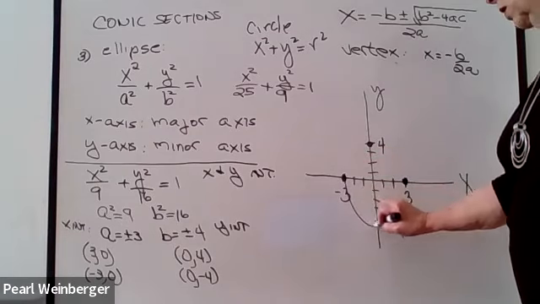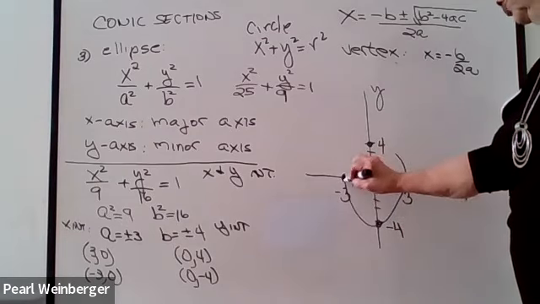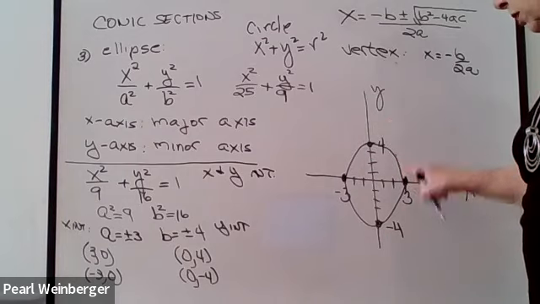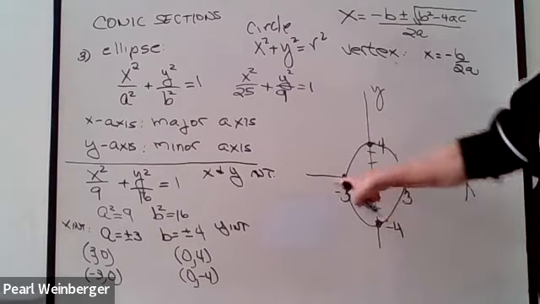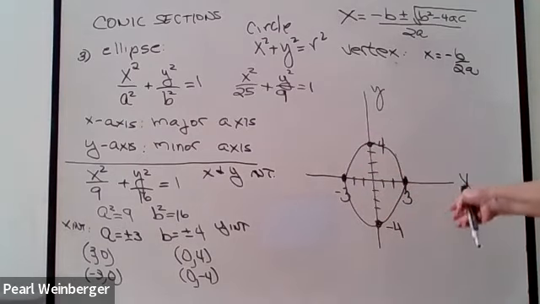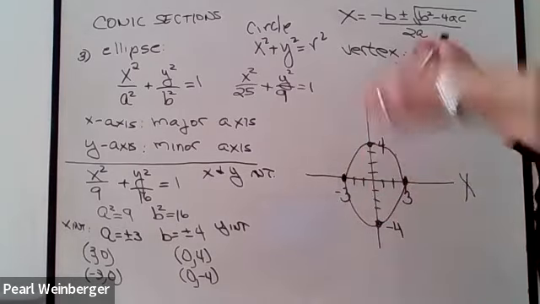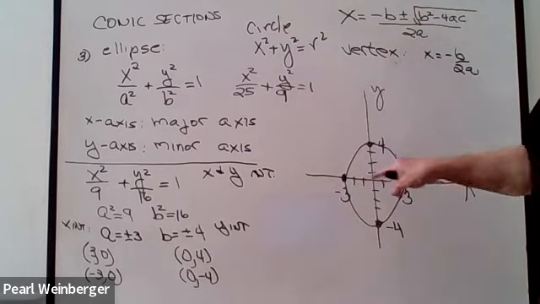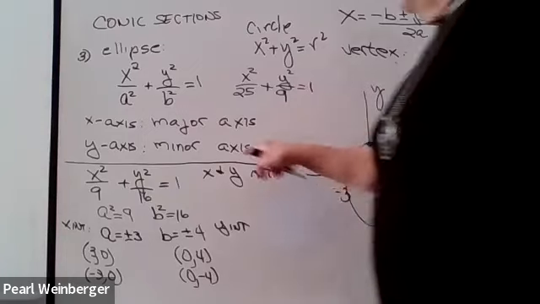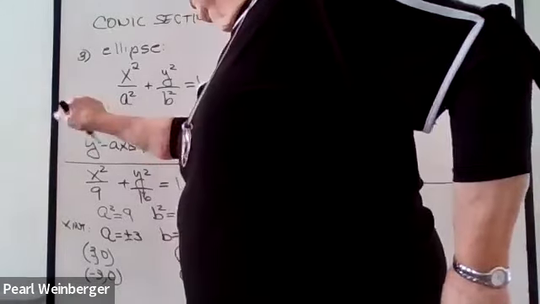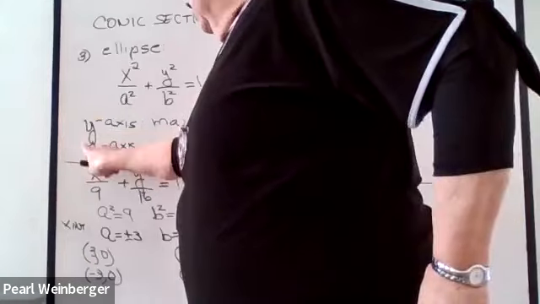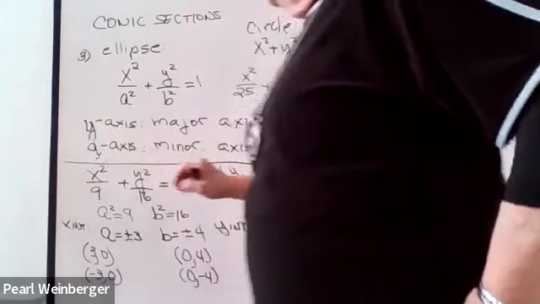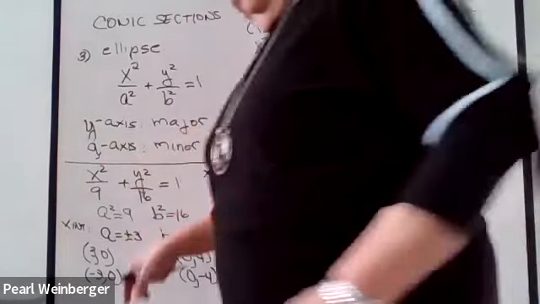If you notice, it's an oval shape. It's an ellipse closer to a circle because the x and y-intercepts are close together, but more a vertical ellipse than a horizontal ellipse. In other words, in this case, our major axis is along the y-axis, and our minor axis is along the x-axis.